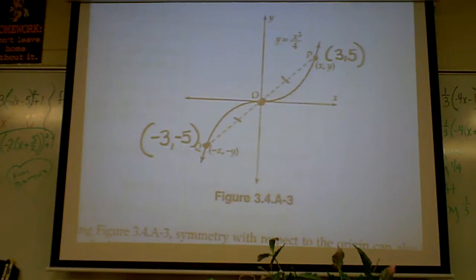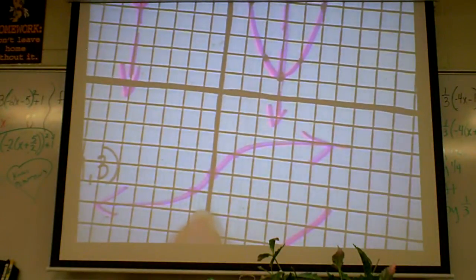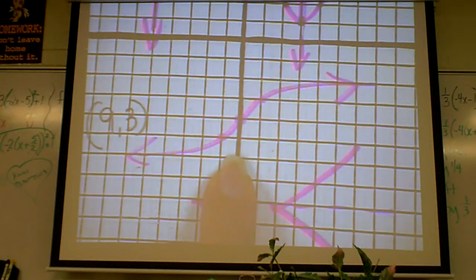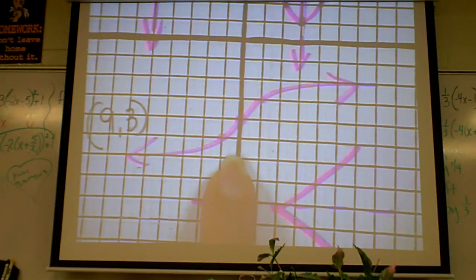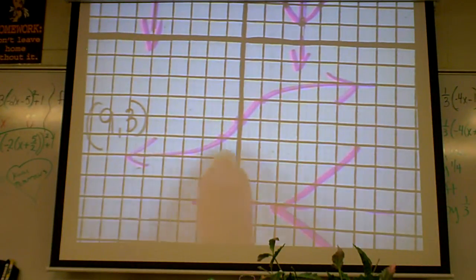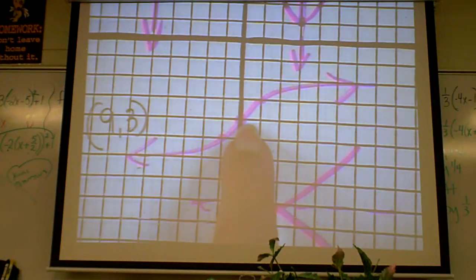So, that picture that I had, I was showing you here. This point, Jordan, you asked me this one right here. Does this one have symmetry? Does this have symmetry to the x-axis? Does it have symmetry to the y-axis? No. Does it have symmetry to the origin?